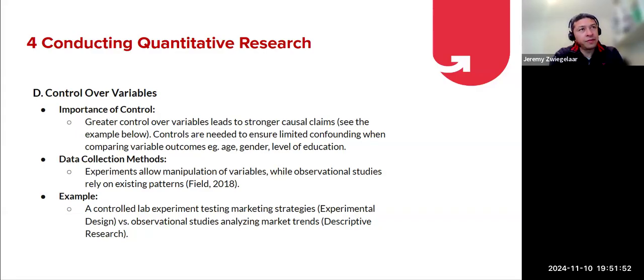And so we control for the variation of these different kinds of variables. People with higher levels of education will have different access and different requirements compared to those with lower levels of education. And so we need to control for that in terms of how we explain what's happening in our population or in our survey or our results.